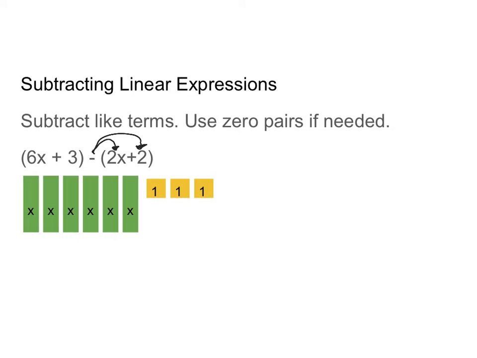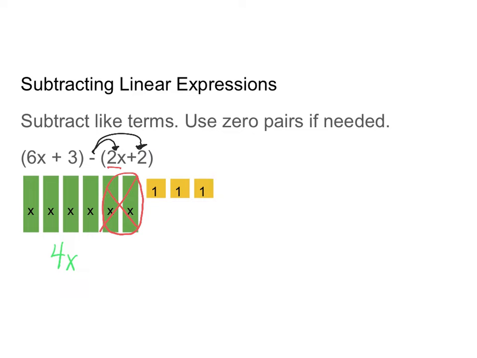So what I'm going to go ahead and do is I'm going to take away from this 6x here 2 x's. So I'm going to cross off these 2 x's. So I'm left with 4 x's. Okay?